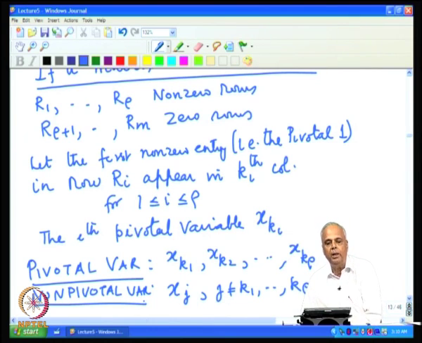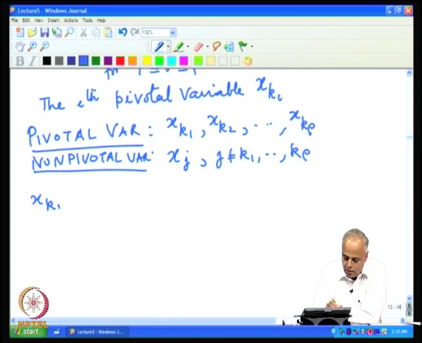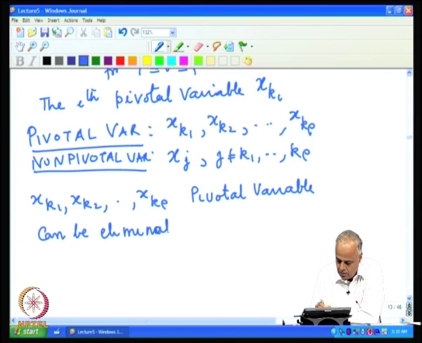So, if you have a matrix B which has m rows and n columns, out of the n given variables, rho are pivotal variables, where rho is the number of non-zero rows in that row reduced matrix, and the remaining are all non-pivotal variables. And x_k1, x_k2, ..., x_k rho, the pivotal variables, can be eliminated in terms of the non-pivotal variables.